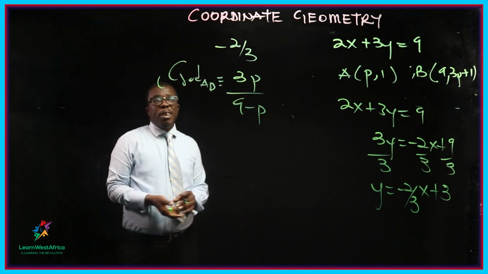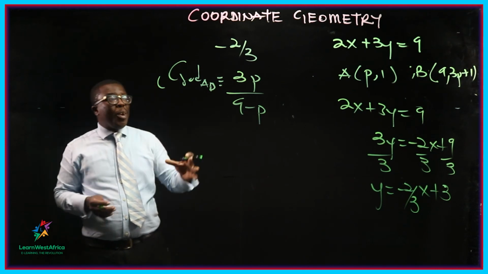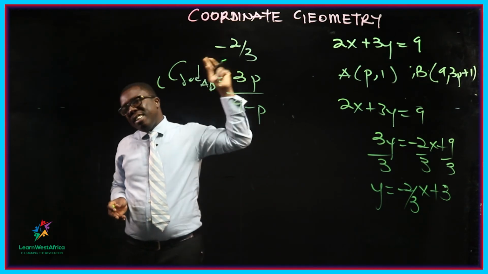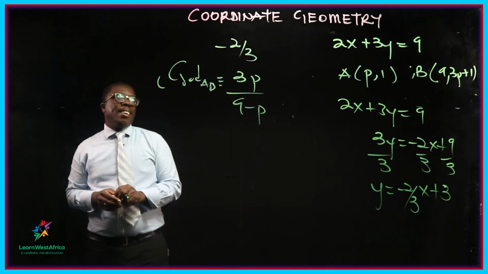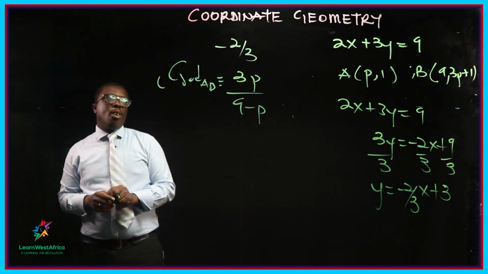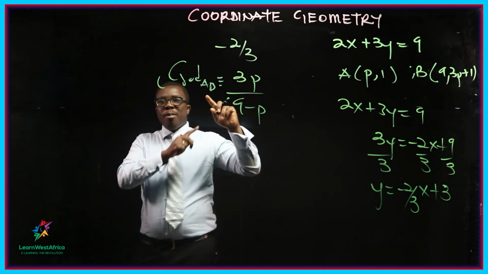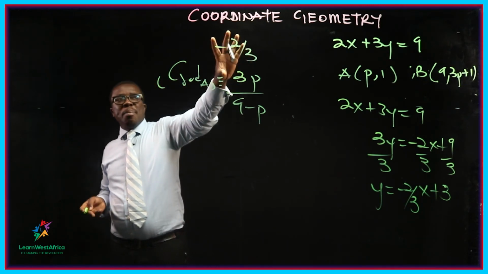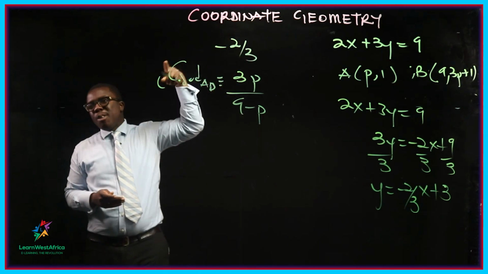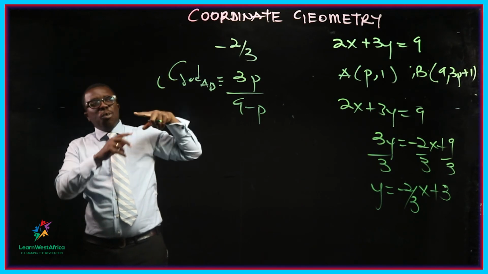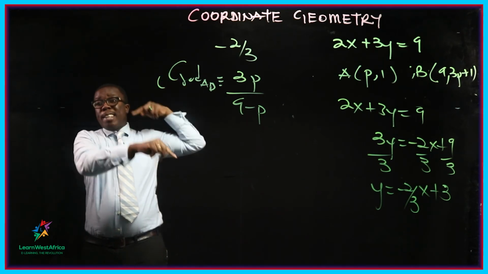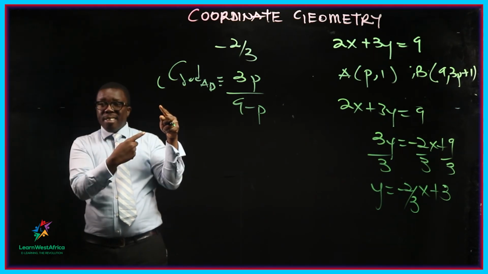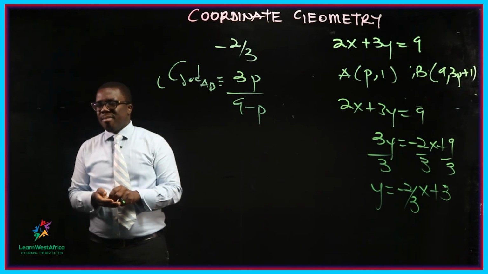We are saying we should find the value of p. So what it simply means is that when we take this and multiply by that, it has to give us negative 1. Or one of them could be the negative reciprocal of the other. So let's take the minus 2 over 3 and pick its negative reciprocal. If you turn minus 2 over 3 upside down and negate it, you're going to have 3 over 2.